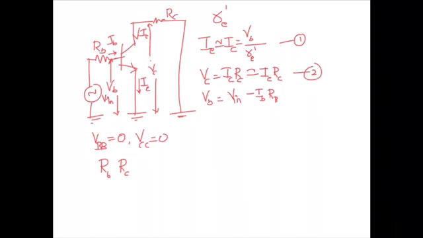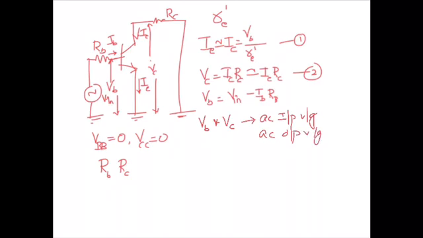If I consider VB and VC as the transistor AC input voltage and AC output voltage, VB is the AC input voltage and VC is the AC output voltage.